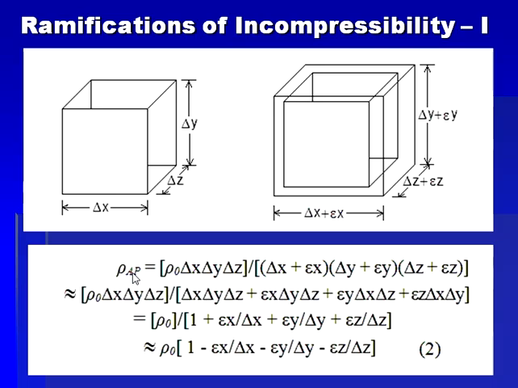Now, it will generally be the case that the amount of attached ether is far greater than the amount of the detached ether, and so the epsilon quantities are very much smaller than the delta quantities shown here. This allows us to make the first of the approximations shown in equations 2. In the first approximation, the denominator is expanded by keeping only the first-order terms in the small quantities.